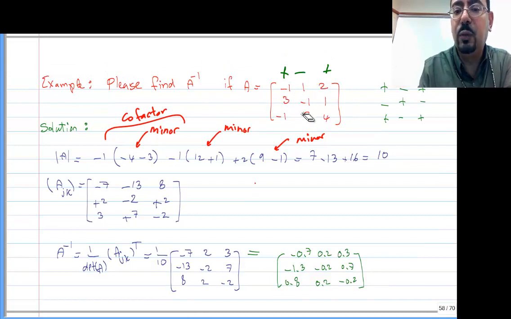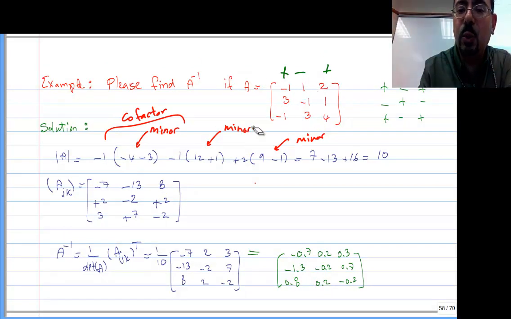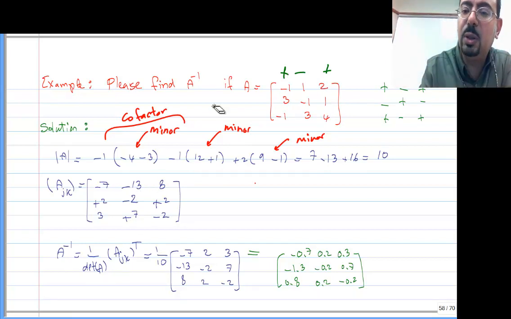I'm doing the determinant of this big A. So minus 1 multiplied by the smaller matrix, which is 3, 4, 1, minus 1. 3 times 4 is 12, minus 1 times minus 1 is plus 1, that's 13. So I should put 13 over here, but don't forget that this element has a minus as a cofactor. So here is a minus 13.